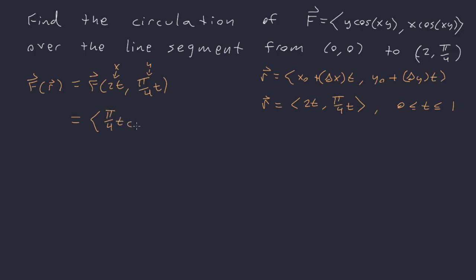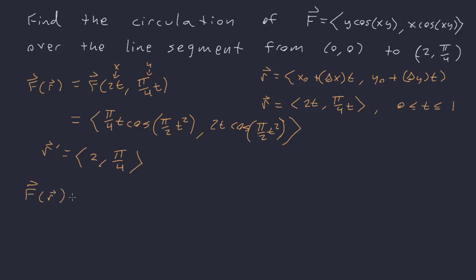So we'll have the vector pi over 4 t cosine of these two things multiplied together, so it would be pi over 2 t squared, comma our x, which will be 2t, cosine of pi over 2 t squared. Then we need to find our r prime, which thankfully will just be 2 comma pi over 4.